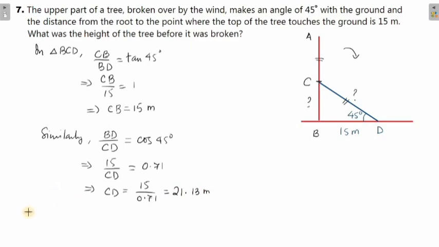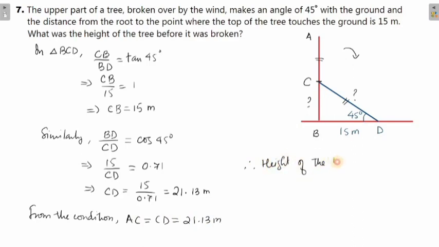From the condition, AC will be equal to CD, and since CD is 21.13 meter, that is going to be the length of AC. Therefore the height of the tree before it was broken will be AB, and AB is nothing but AC plus CB.